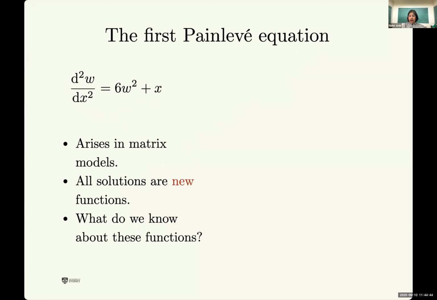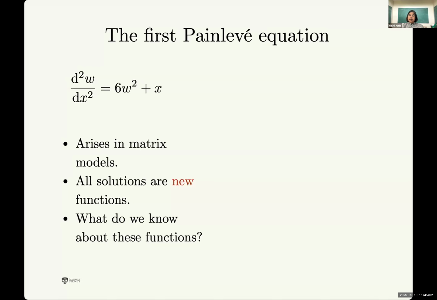All of its solutions are higher transcendental functions that are more complicated, and therefore newer, than elliptic functions. But at the time I was studying them, we knew hardly anything about their solutions globally.